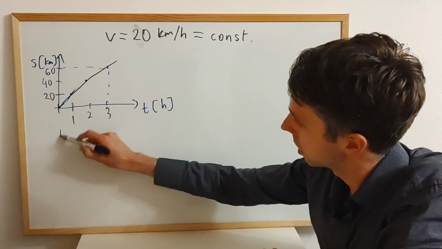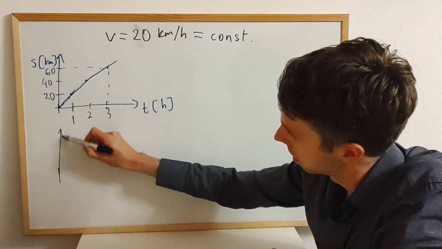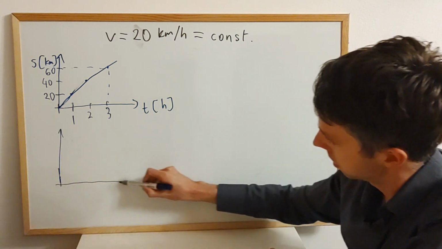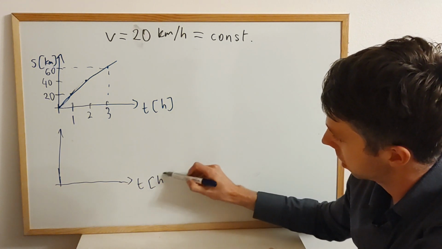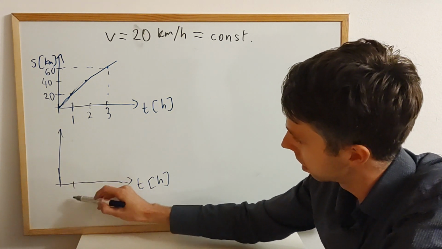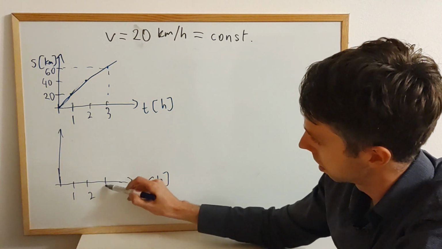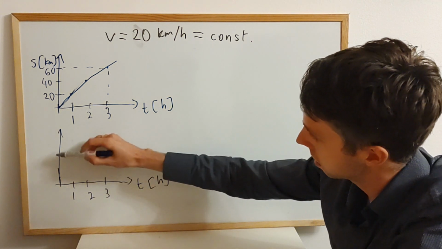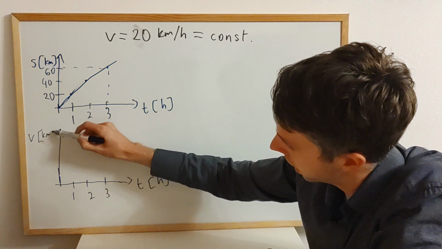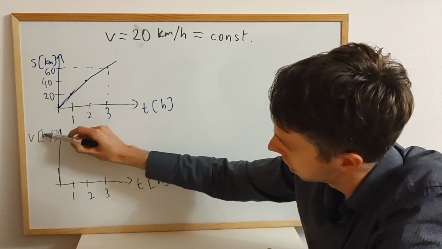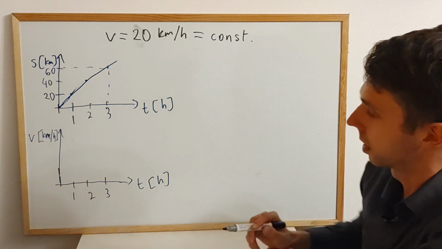Another graph. So now let's keep time on horizontal axis, 1, 2, 3 hours, and let's keep now speed on the vertical axis, speed in kilometers per hour.